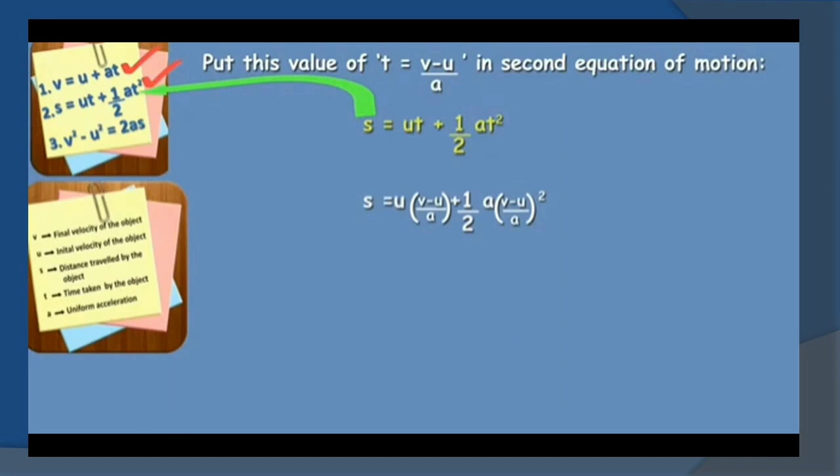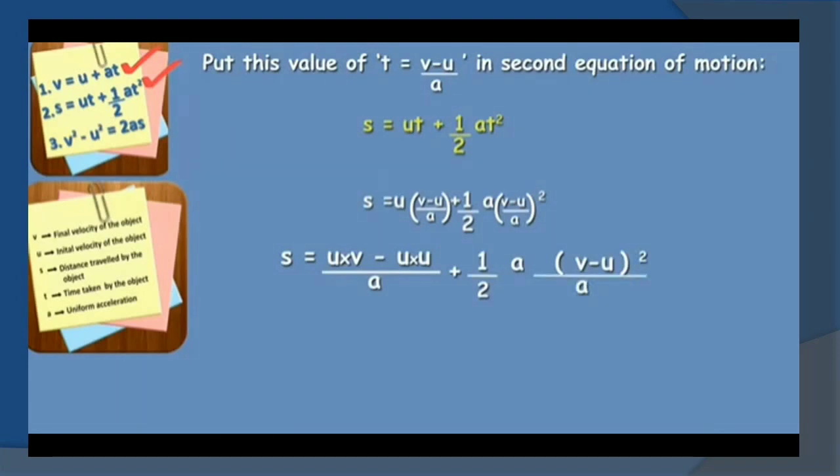So here it will be u into v minus u upon a plus half into a into v minus u upon a whole square. We are putting the value of t in equation 2. Now we will multiply and solve this.